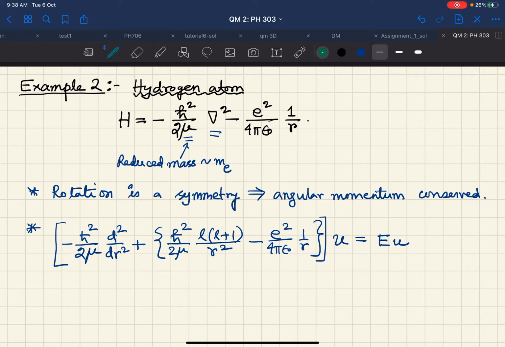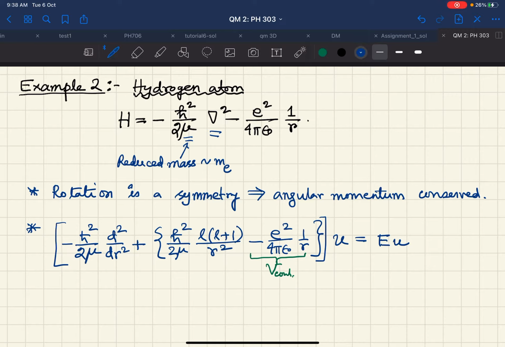One important thing to note here is that this is your standard Coulomb potential. Let us write this V Coulomb.